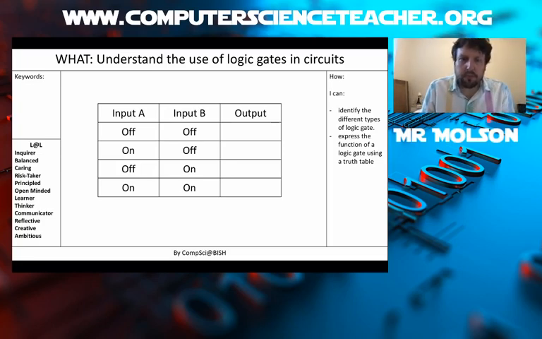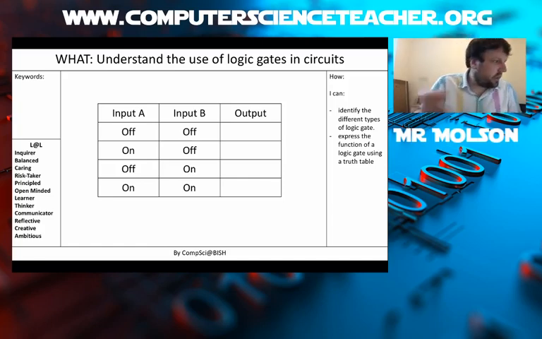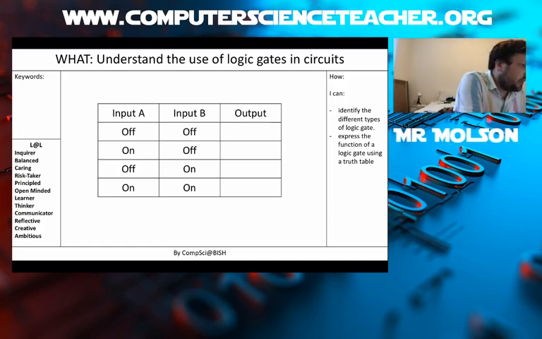I don't know if you do functions in maths, but one way to express a function is to talk about its results and its outputs. That's what we do when we talk about logic gates. The way we express the function of the different gates is by highlighting the output from each of the different gates. On the truth table we've got a column here and a column here.